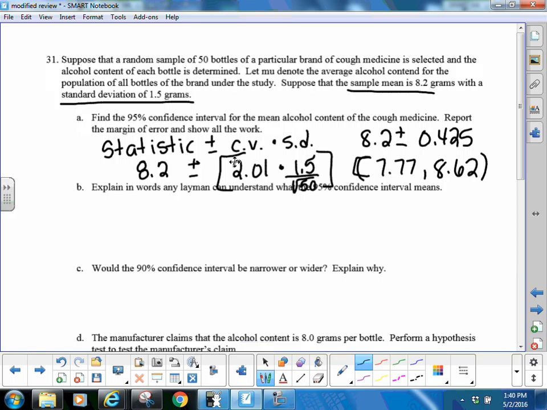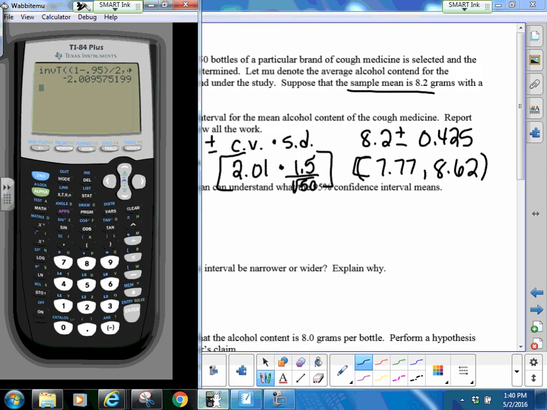But let's check it on the calculator. Do y'all remember where to go? It's a T interval because we don't know the population standard deviation. So we're going to go to stat, test. We want a t-interval. And I'll leave that up here since I already have the values in there for you.